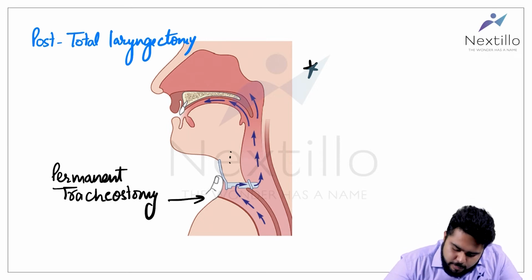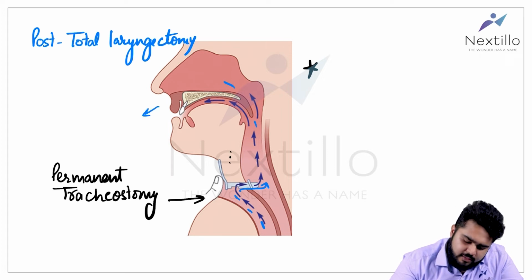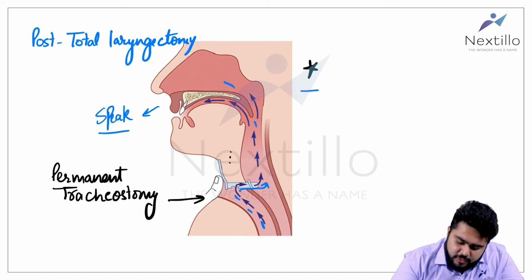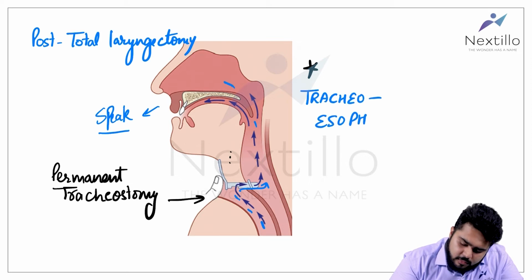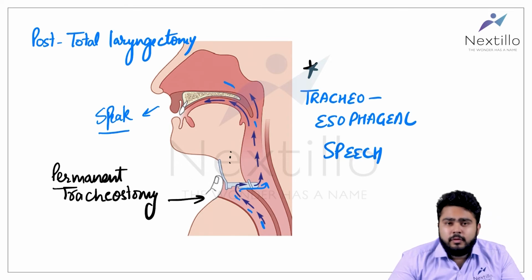Now this person has blocked this and is using air from the trachea, which is going through a device into the esophagus. And he is using this to speak. So this is something to do with speech, right? This is tracheoesophageal speech with the help of, what is this?